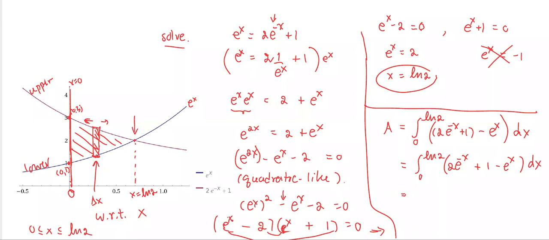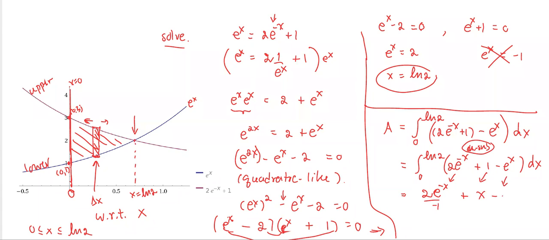And just keep going by finding the antiderivative. The first one will give 2 times e^(negative x) divided by negative 1, because we use the substitution technique here. And then the antiderivative of 1 with respect to x is x.